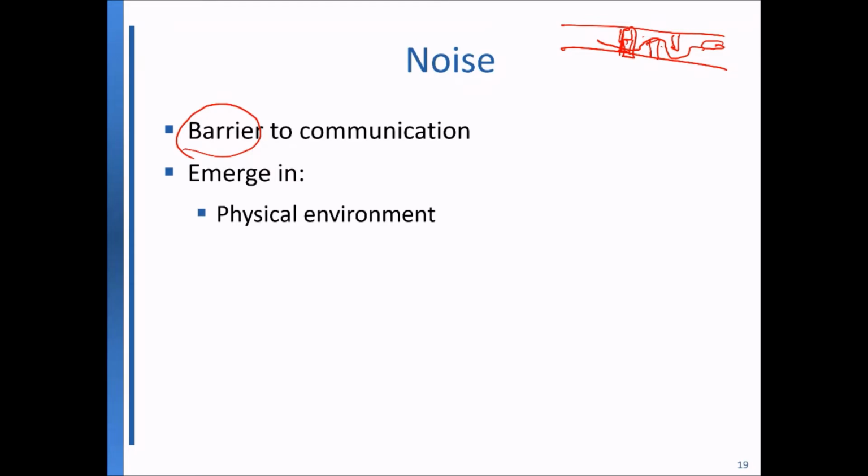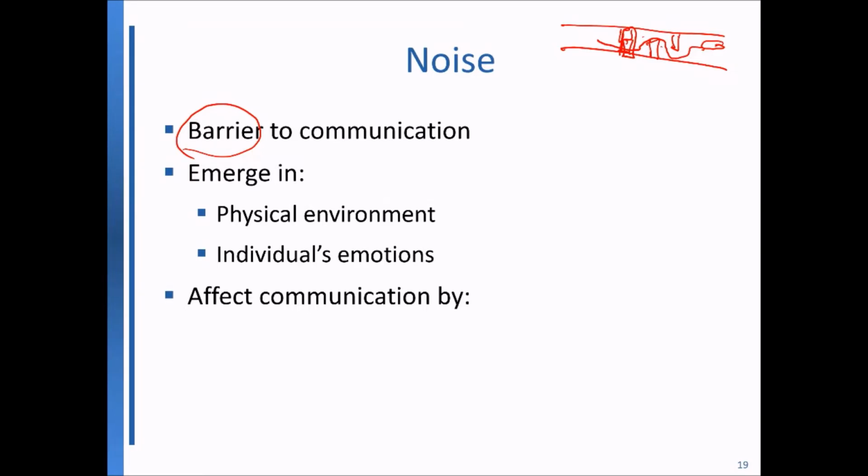These barriers to communication emerge from both the physical environment and individuals' emotion. So remember that the barrier of communication is not only found in the environment, but also in the emotion of the individual. That is where we can find the noise.